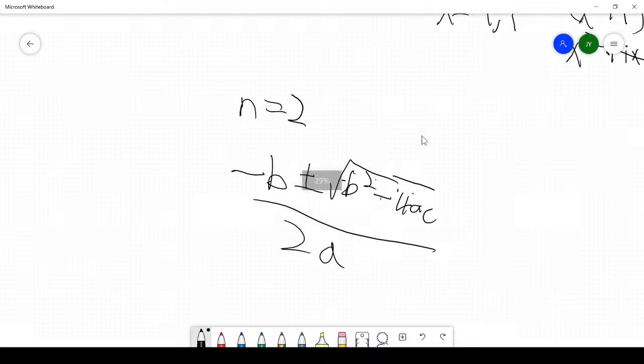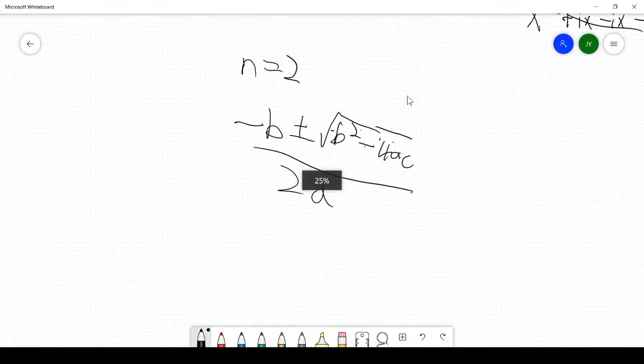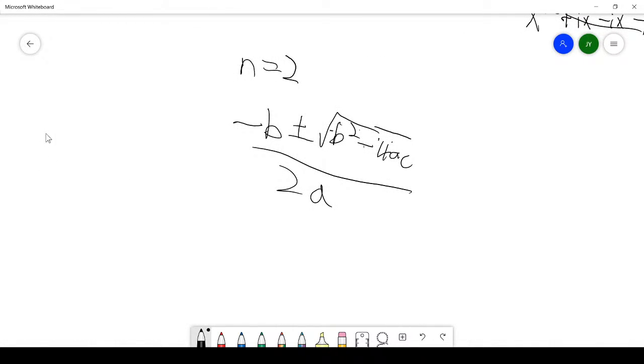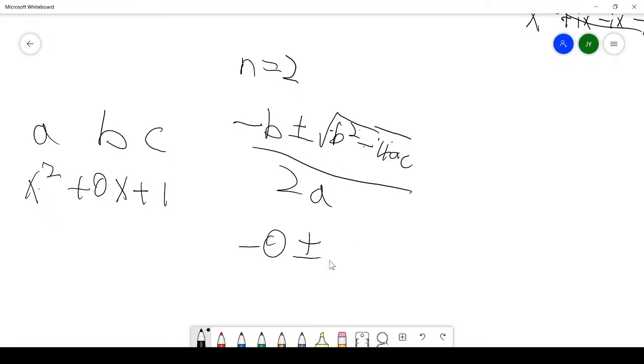Now, if we plug in some examples we had before, a, b, c equal the coefficients. So using the example we had earlier, x squared plus 0x, since there's nothing in the middle, we're going to call it 0, plus 1. If we plug this in, it becomes negative 0 plus or minus the square root of 0 minus 4, over 2.